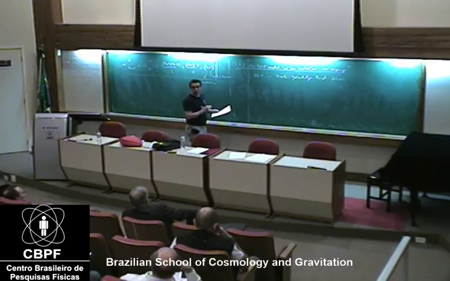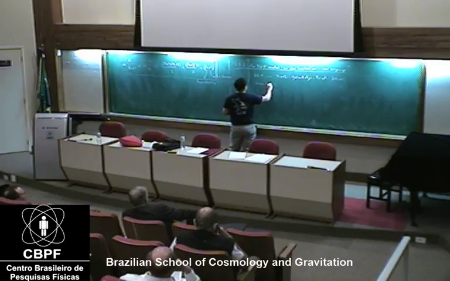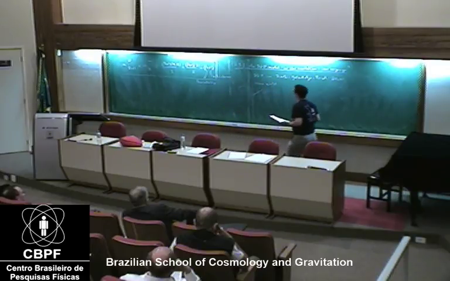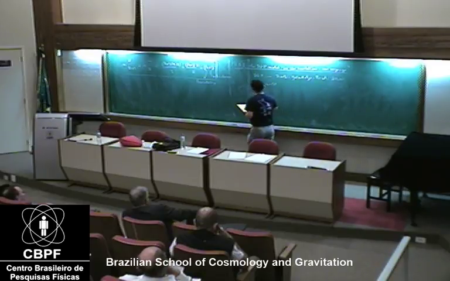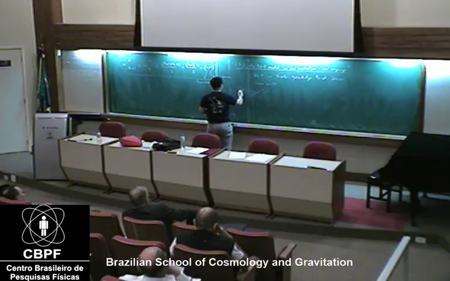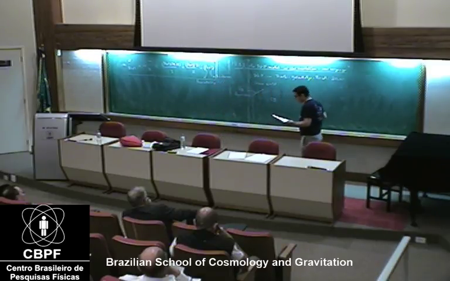So I want to introduce this model here, briefly. This model is a brane world model, which can be introduced in the simplest setting by saying you consider a brane, which is a 4D hypersurface in a 5D space-time.